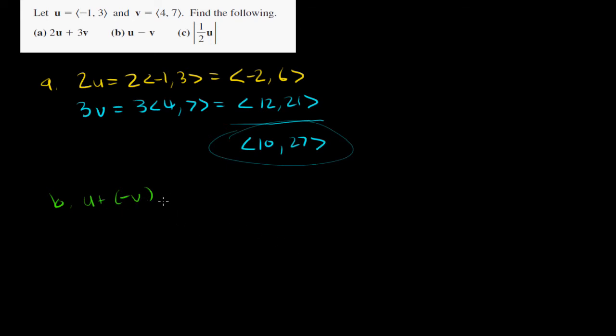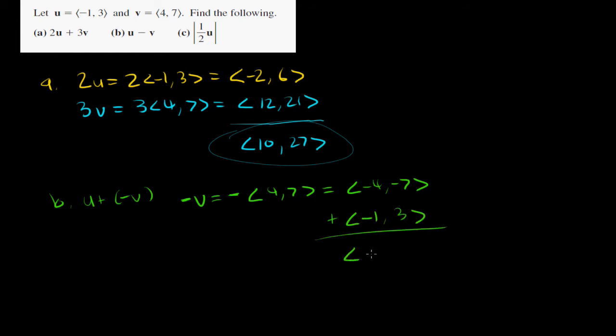So let's figure out what -v is. -v is equivalent to the opposite of 4 and 7, which is just -4, -7. Now we can just add it to u, because u is unchanged. So it'd be -1, 3, and then we add them together, so we have a new vector, -5, -4. And that's our answer to part B.